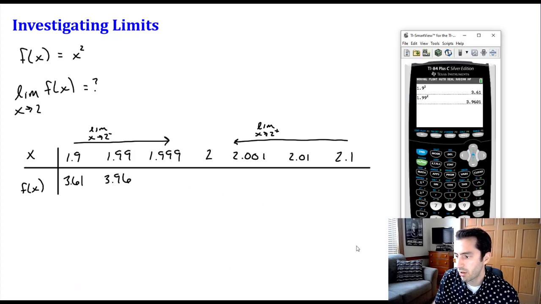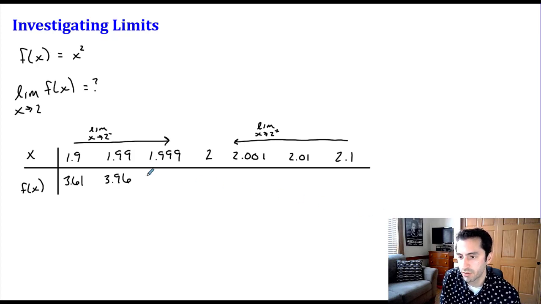And to finish up our left-hand side, 1.999 squared. And that's going to give us roughly 3.996. So as we're plugging in values for x, as they're getting closer and closer to 2, it looks like our values for f of x are getting closer and closer to 4.